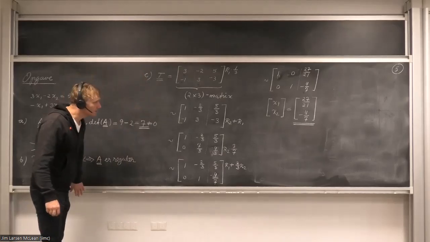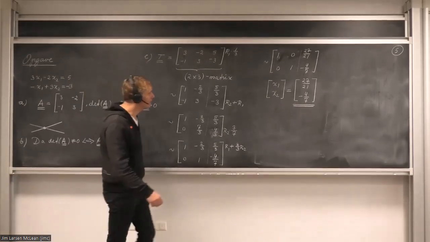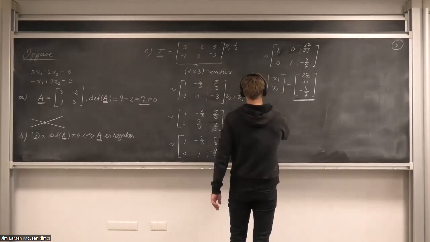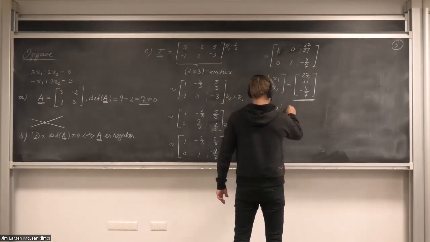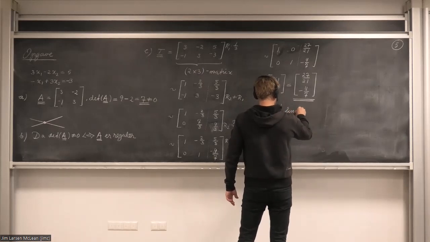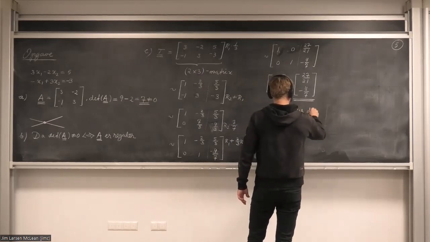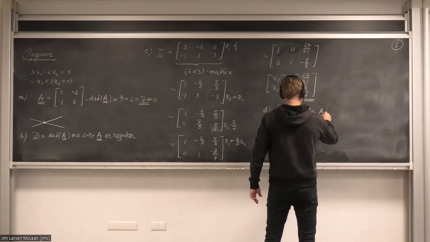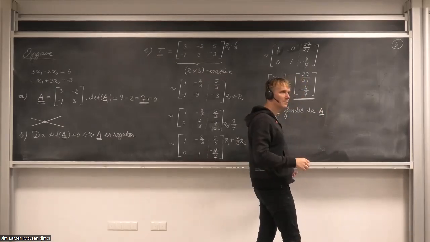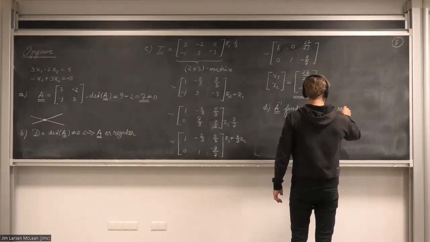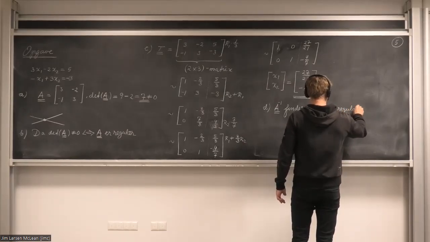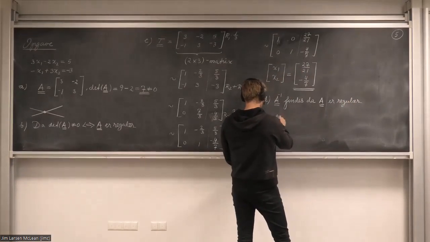So it says the inverse matrix of A, if it exists. The first thing we can say is that the inverse exists, since A is regular. A was a square matrix with a determinant different from zero, and since it is regular, it has an inverse, and we can find it.